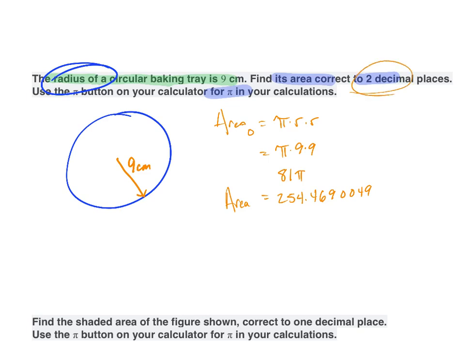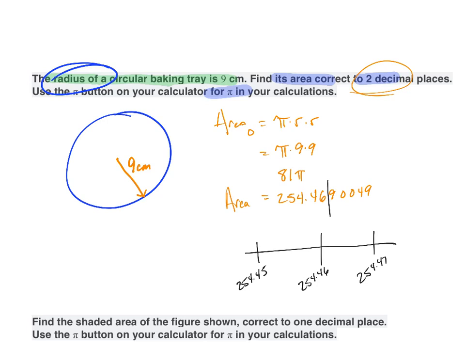They want me to go to the second decimal place, which means they want me to look right here. Okay, so again, I'm going to round this. I'm going to be looking at 254.45, 254.46, and 254.47. Which one is this number closest to?